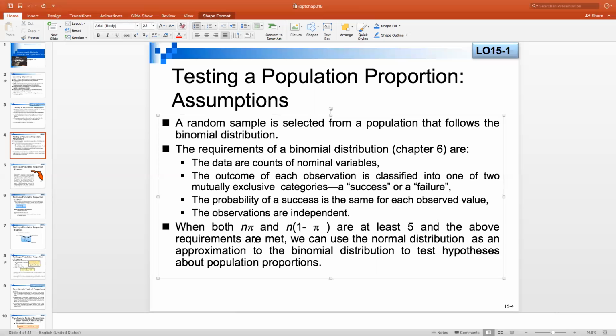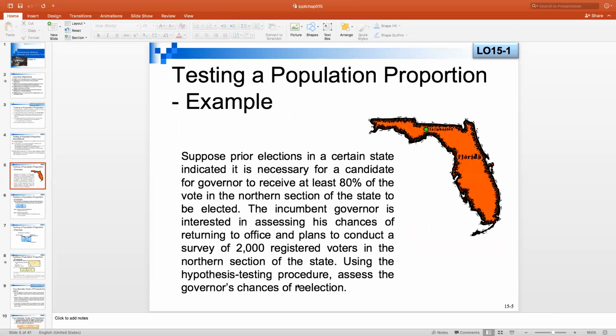And this plays into that from a proportion perspective, because we're asking, what's the size of the sample that we have, and then what's the population proportion? The bigger n is and the bigger pi is, the bigger the overall number is going to be. And if it's bigger than 5, we're going to treat the data set as normal. So there's a little test there to get us to normality.